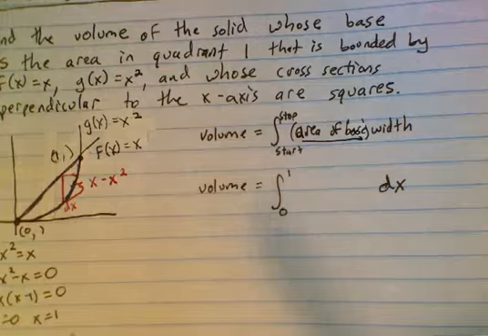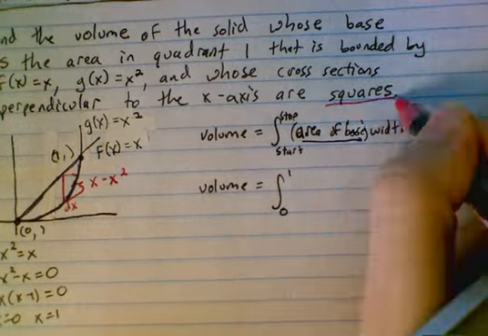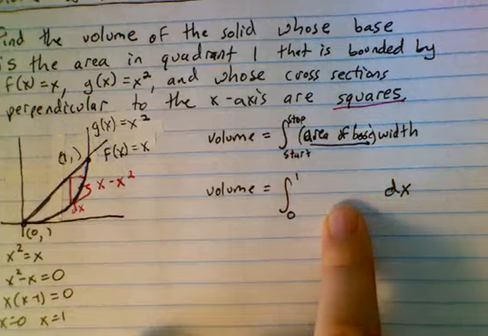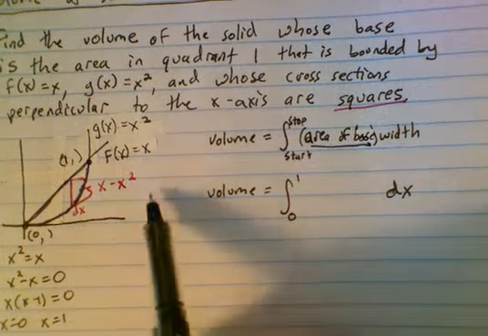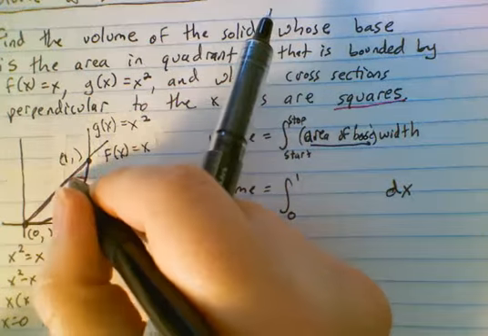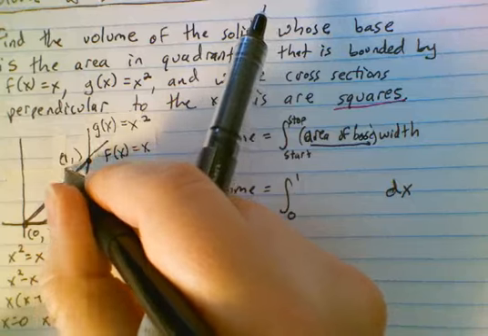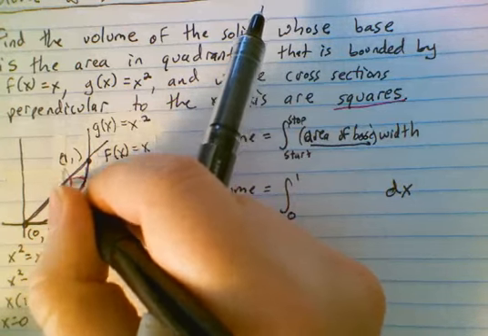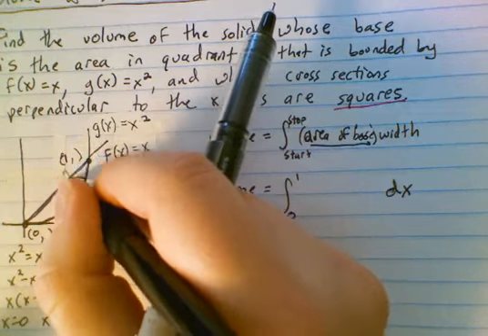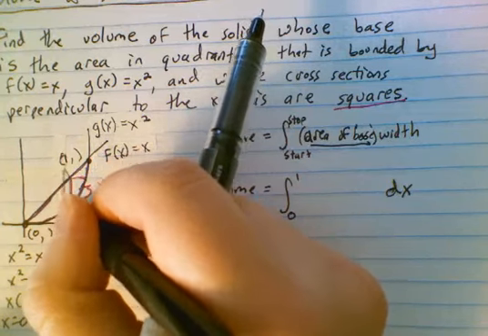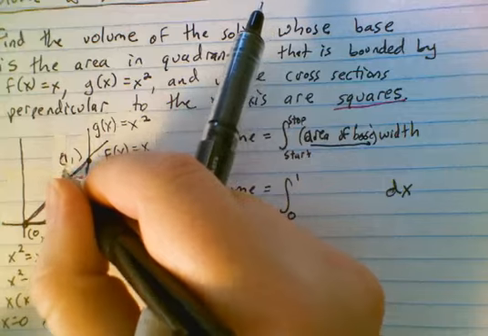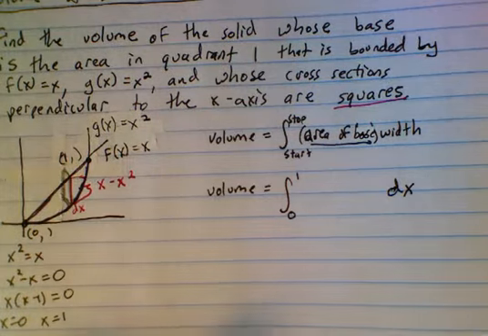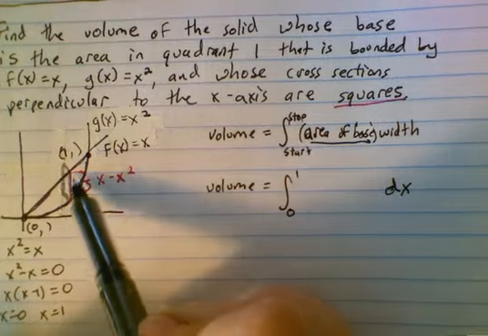But now, because these cross sections perpendicular to the x-axis are squares, instead of just putting this x minus x squared in right here, I'm going to say that this is the base of a square that's coming out of the page, kind of like that. I'm having this sort of infinitely thin square that's going to be the base of my prism.